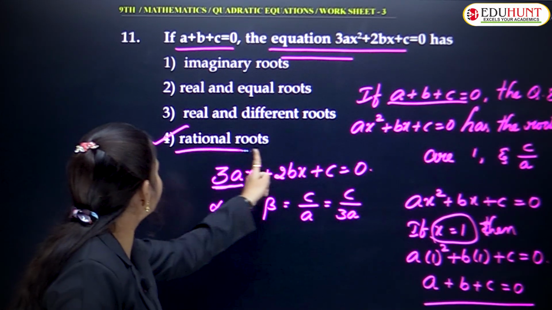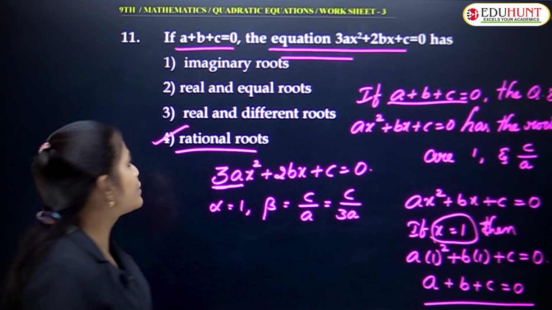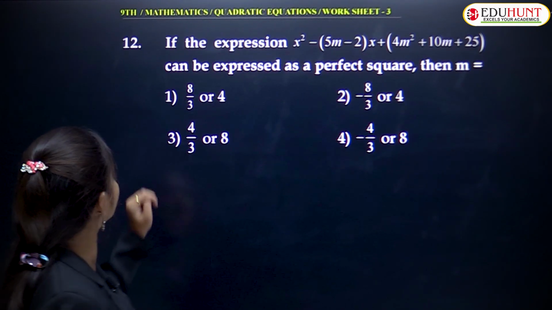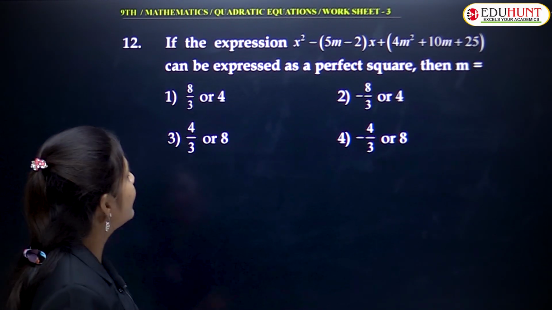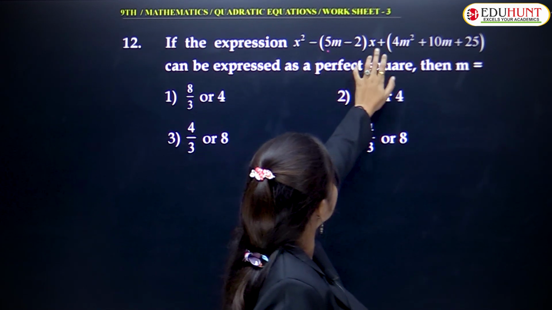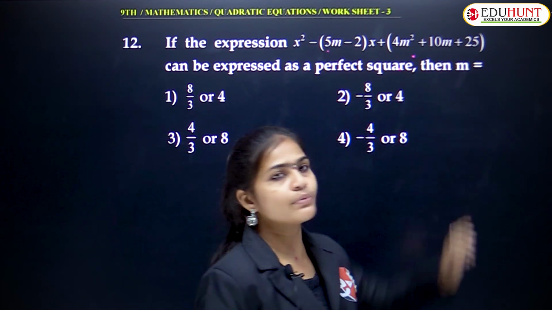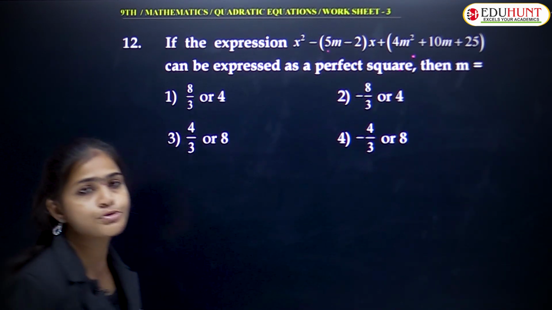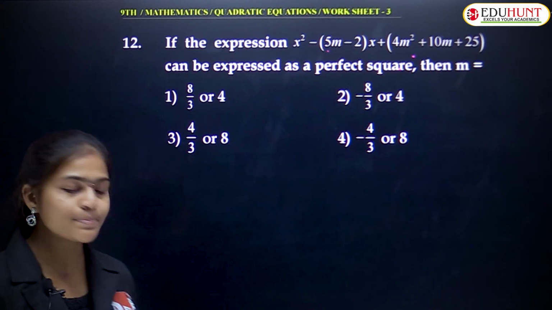That is option 4. Okay, so let us see what the 12th question is. If the expression x square minus (5m minus 2) into x plus 4m square plus 10m plus 25. So that is the given expression.